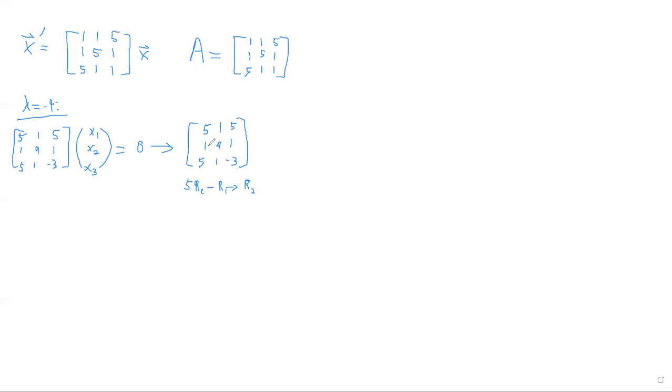And then it will make this coefficient 0. And R3 minus R1 goes to R3. Okay, the first row stays the same. Nothing happens there. 5, 1, 5.